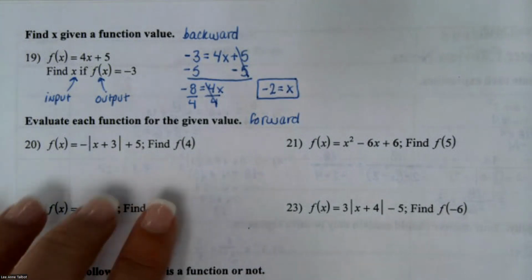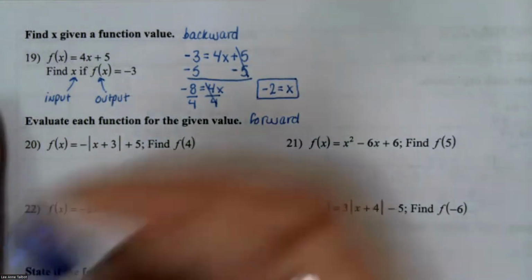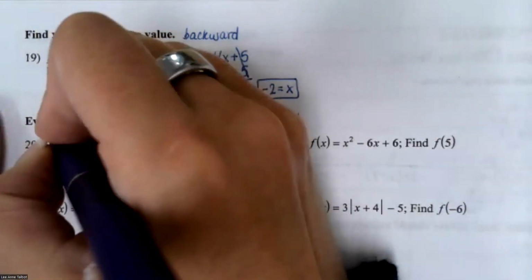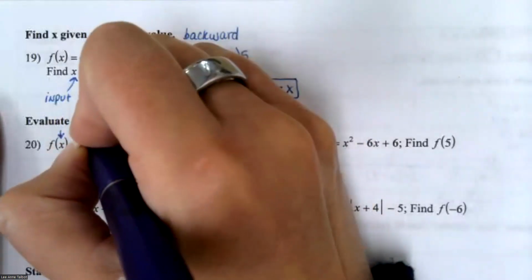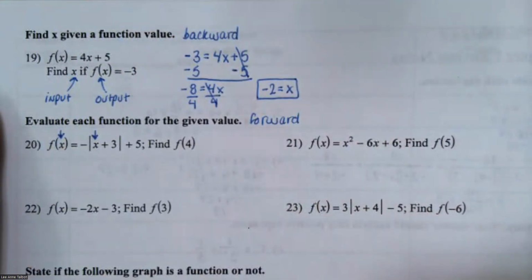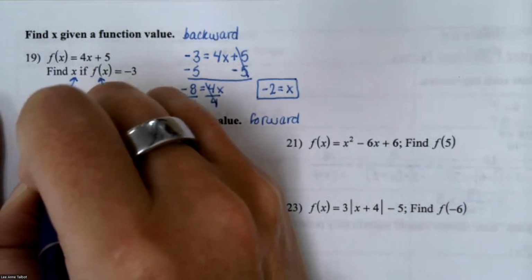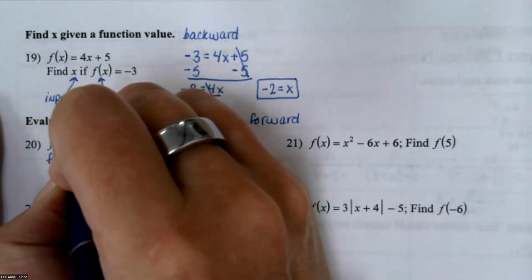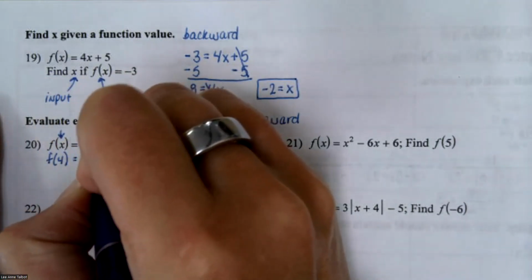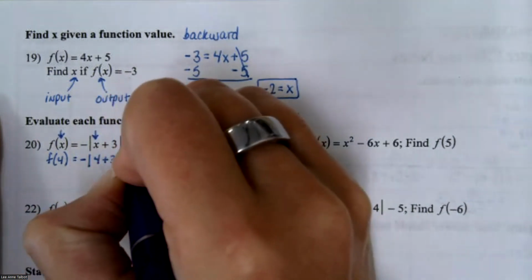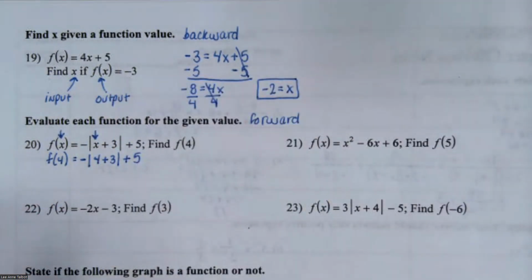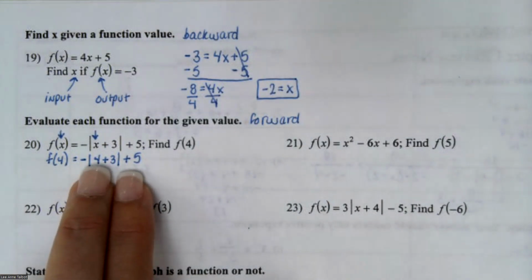Okay, now these guys down here, these are all forward function machines. So you're going to take 4 and you're going to plug it in. You're going to input it into x. So you're going to say f of 4 is negative 4 plus 3 plus 5. And then this is the function machine here.